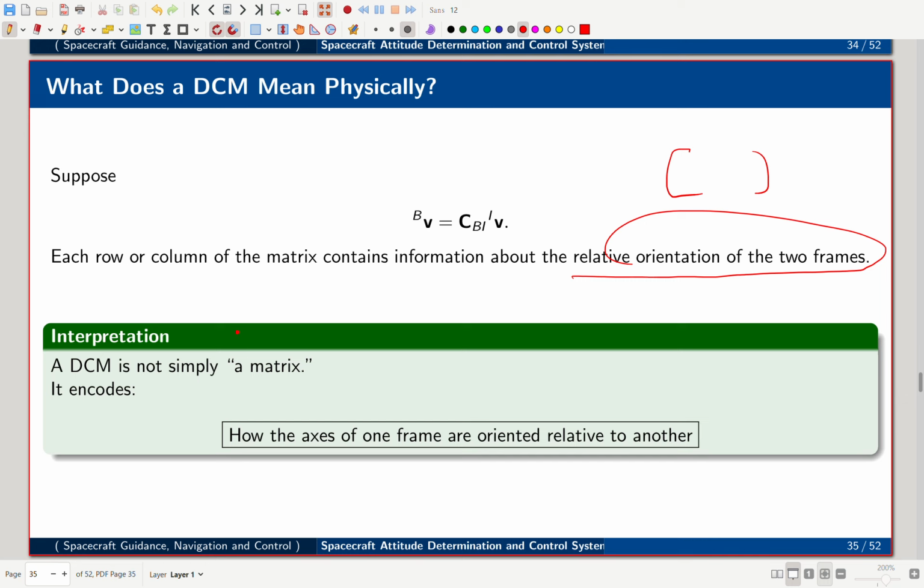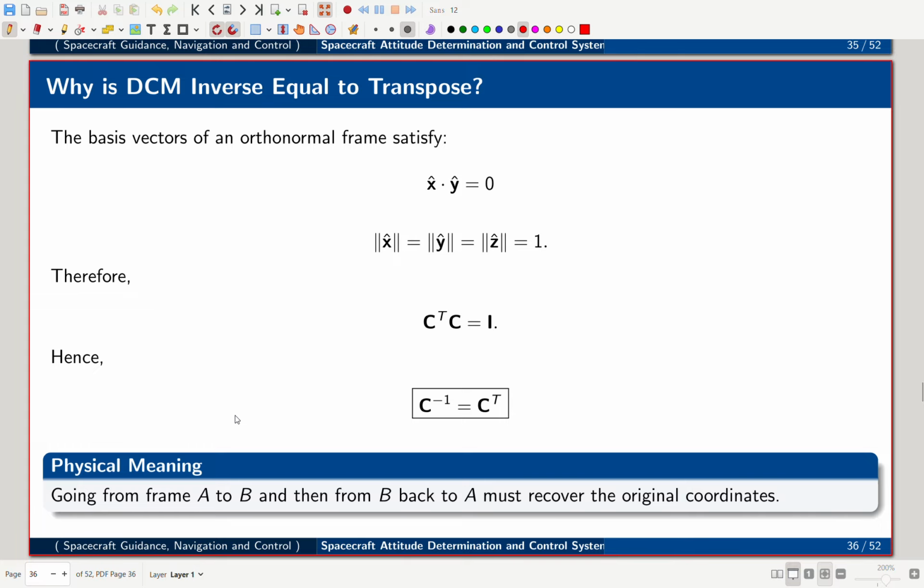Body frame, spacecraft body frame, and the best fit would be any inertial frame, where you have to consider a reference frame. So interpretation: the DCM is not simply a matrix, it encodes how the axes of one frame are oriented relative to another. This is very important.